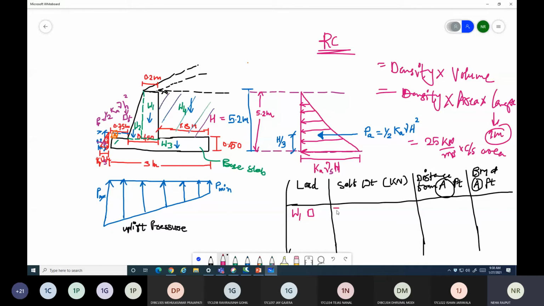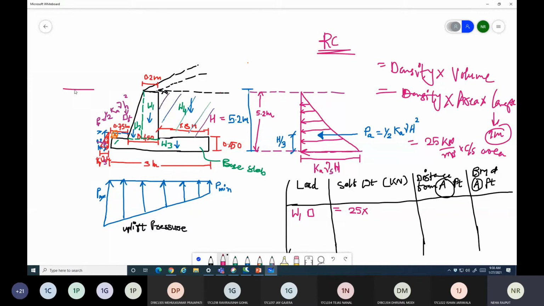So here self weight is equal to 25 into, now this rectangle is 0.2 and this is height of stem.